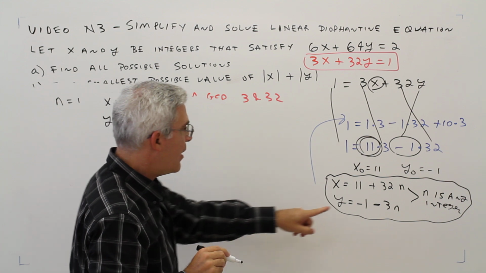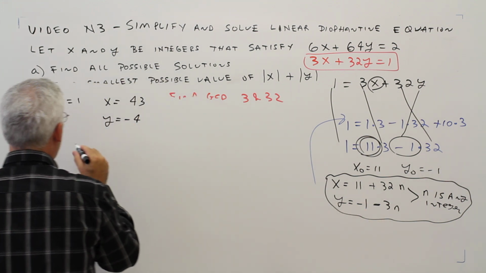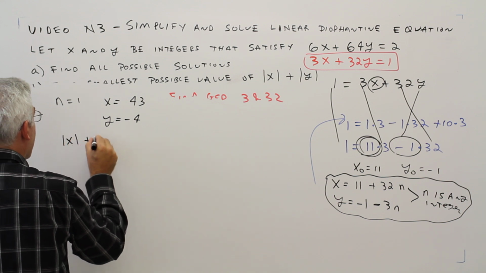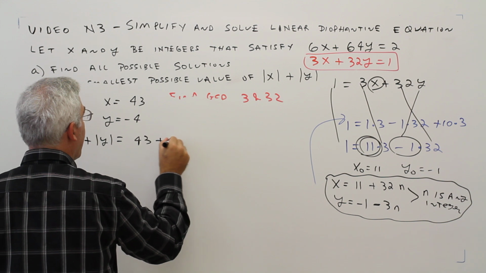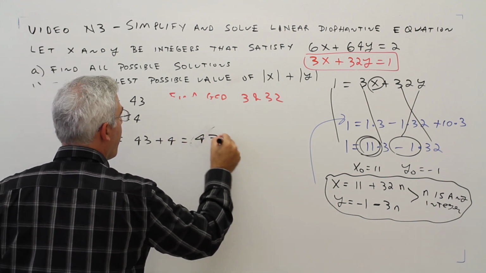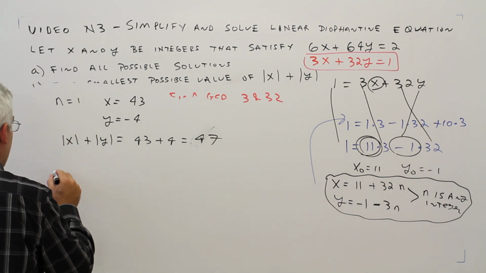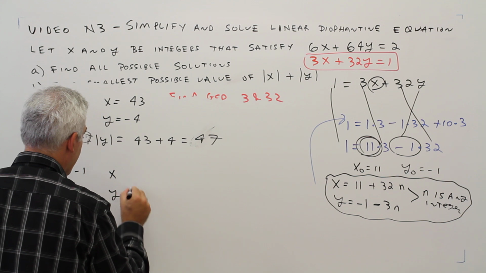Y is going to be minus 1 minus 3, that's going to be minus 4. And then the absolute value of x plus the absolute value of y would be 43 plus 4, which would be 47.